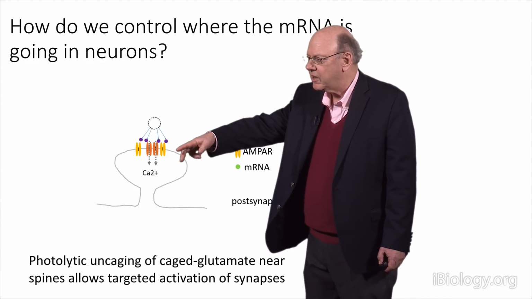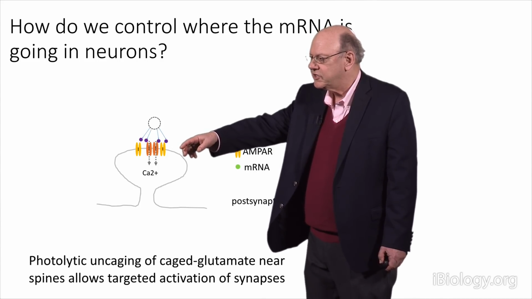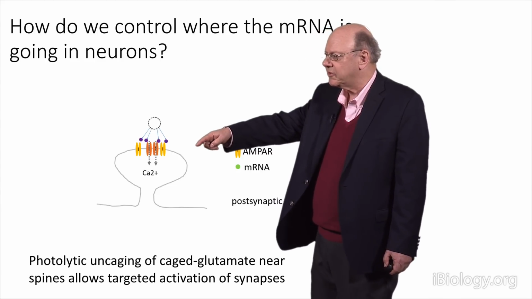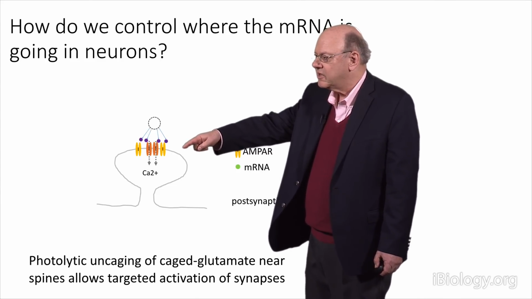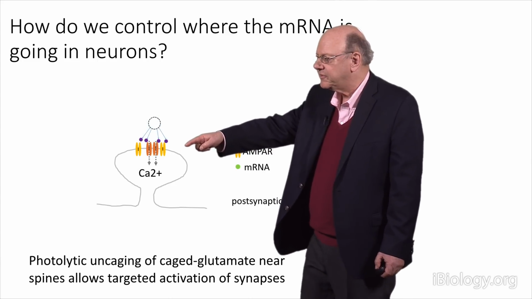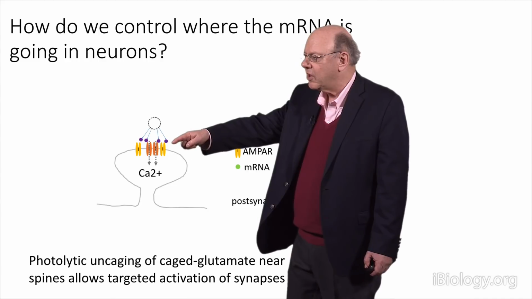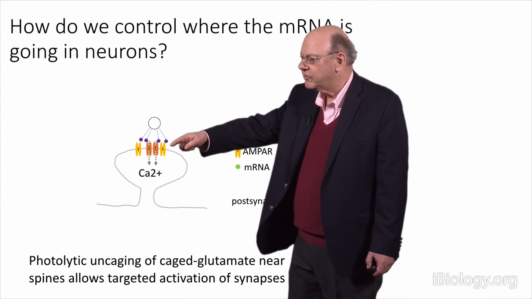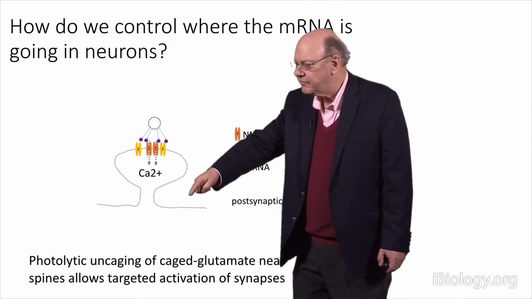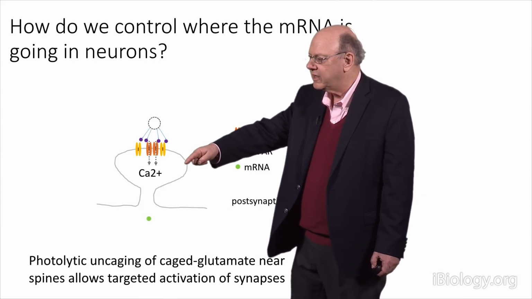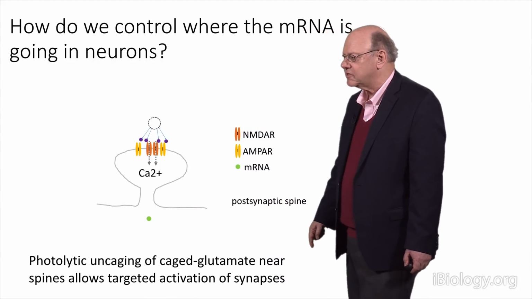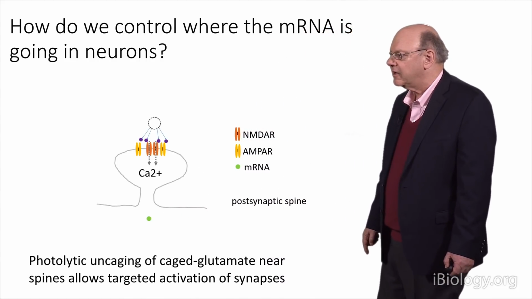That's because the molecule is a caged neurotransmitter. Caged means it can't interact with the receptor until you shine light on it. So we shine a laser flash on it, and then the activated molecules, which are glutamate molecules, interact with these glutamatergic receptors. Calcium floods in, and you get a signal for an RNA to show up at that site. That's the experimental model.